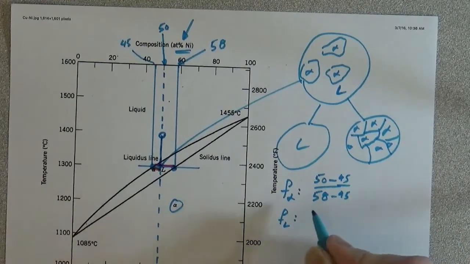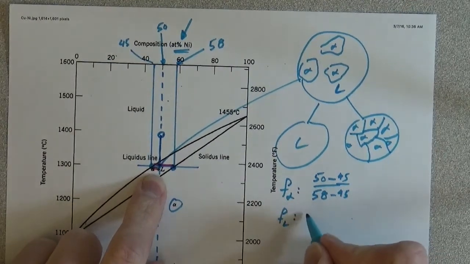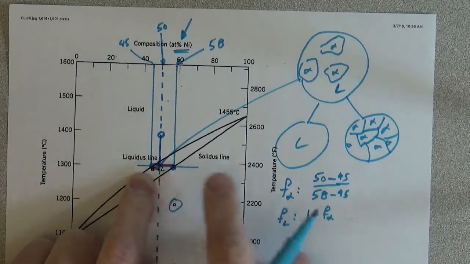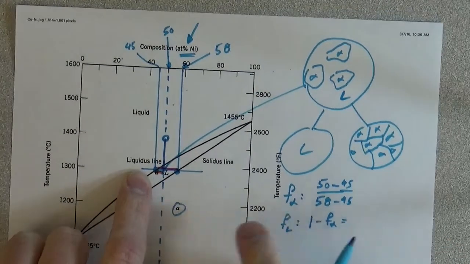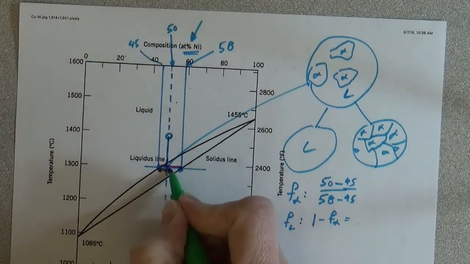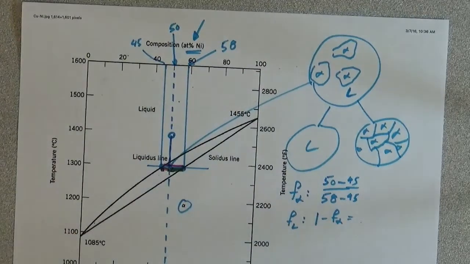And one thing you could say is, well, we know it's all liquid and alpha, which means that if we know the alpha, then we know the liquid because it's just 1 minus F alpha. Or we could calculate it out, and to calculate it, we would then take the length of the green line here divided by the magenta line, the total width.